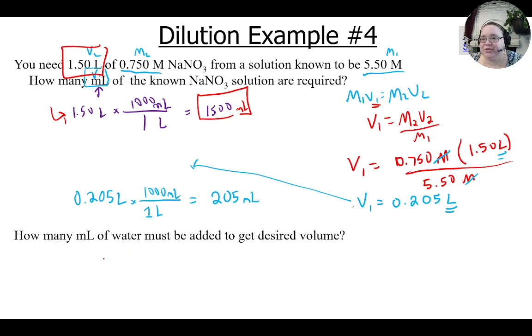So V2 minus V1, 1,500 milliliters minus 205 milliliters gives me that we need to add 1,295 milliliters of water to get 1.5 liters.